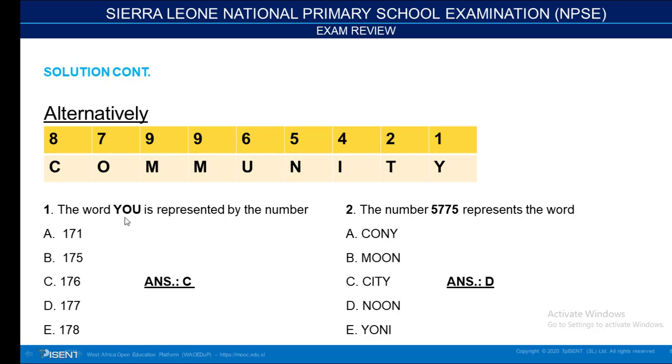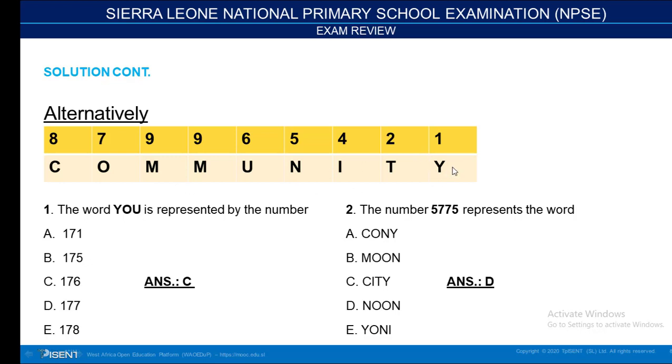The word YOU, that is you, is represented by the number. You choose from the options A, B, C, D, or E. Which numbers match with these letters YOU? Now, we come back here, students.